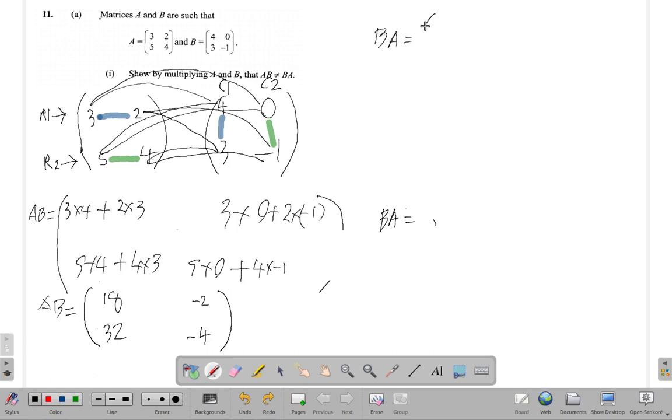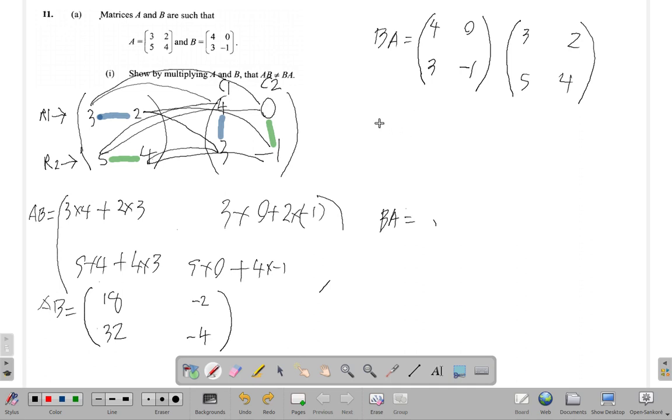BA equals 4, 0, 3, -1. Alright, the negative sign a little closer to the -1. That is A times B. No, this is B times A now. A is 3, 2, 5, 4.